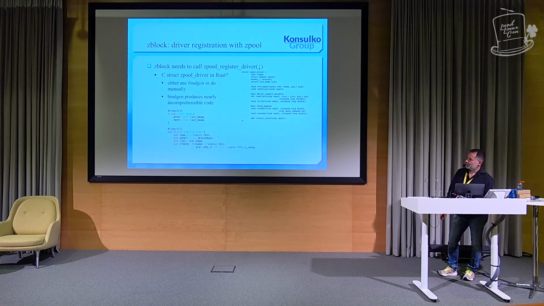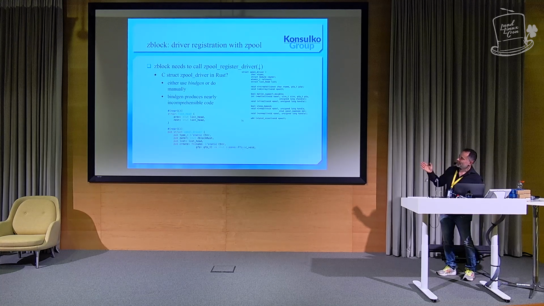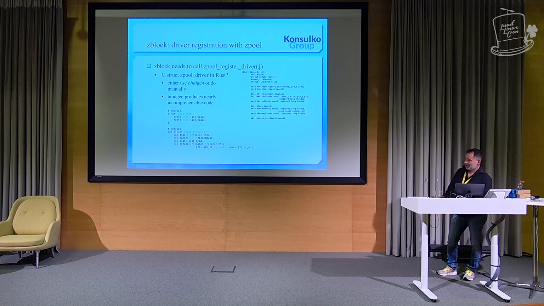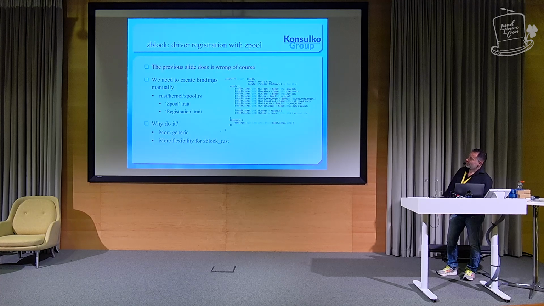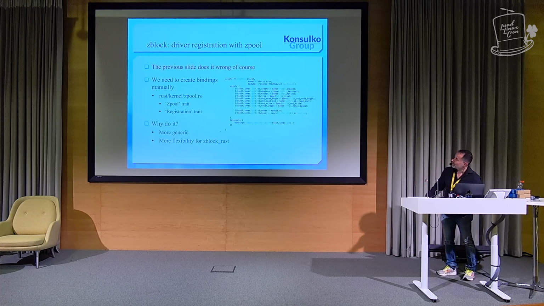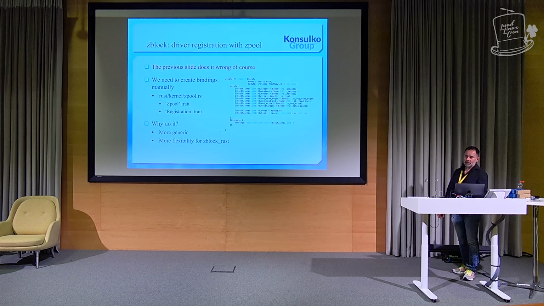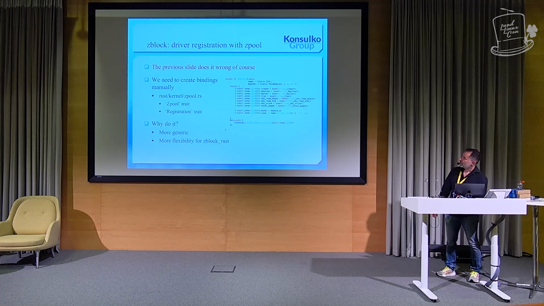So we just mirrored the structures, and whatever wasn't defined yet, we just mirrored directly in the Zblock Rust implementation. And of course, it wasn't right, because by doing that, we limited our ability to leverage the stronger sides of Rust.